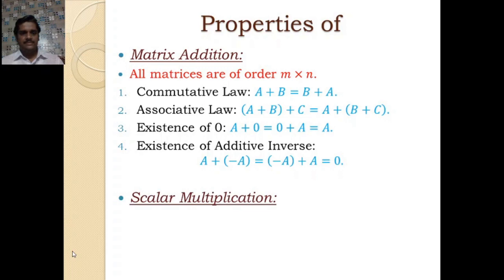Let's see next. Next you are going to see properties of scalar multiplication. Property number 1, k times (A plus B) is equal to k times A plus k times B. Here k is a scalar, A and B are matrices of order m by n. So what is happening here? The scalar k is distributing over matrix addition.